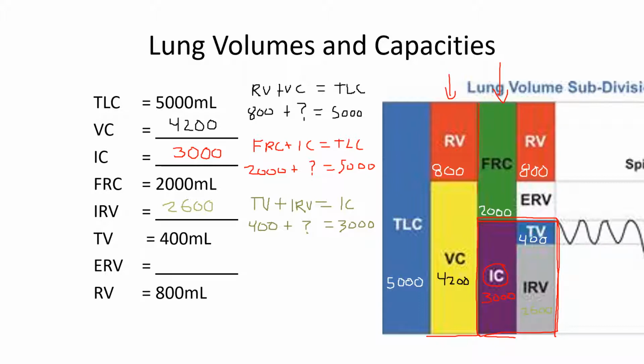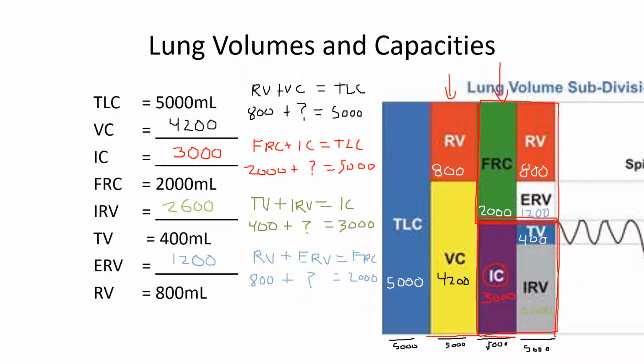All right, last column here needs to be 2,000. We already got 800. The difference is 1,200. 5,000 for each of our columns. Your last check.